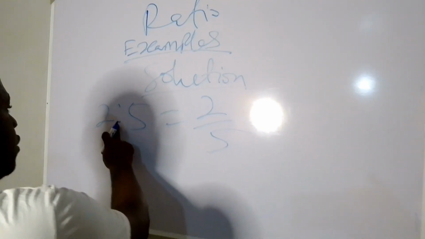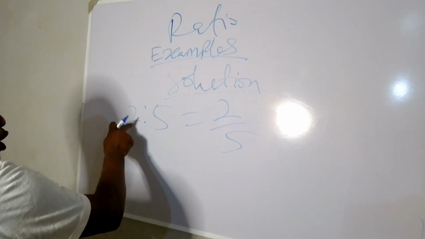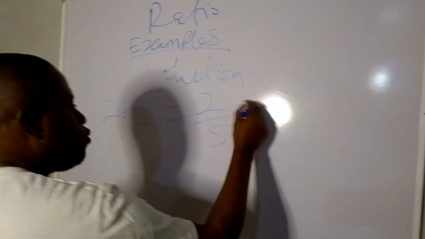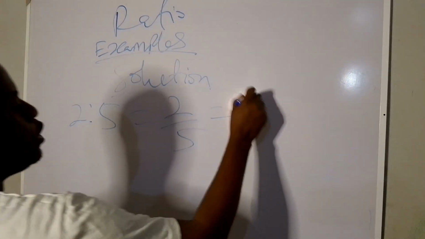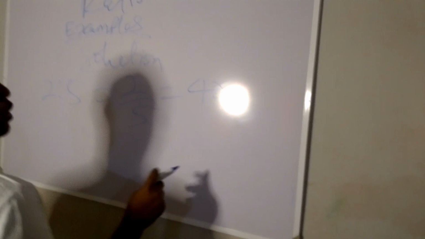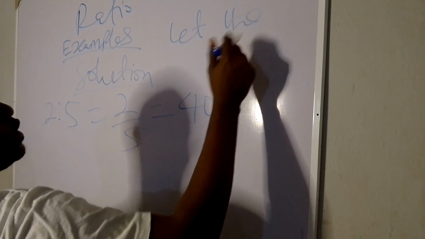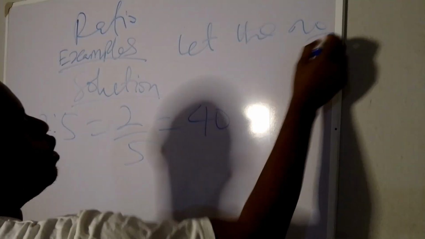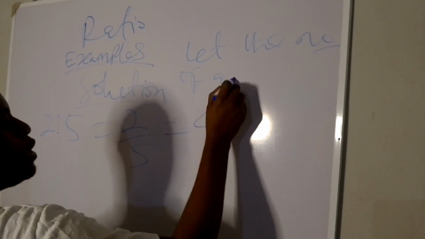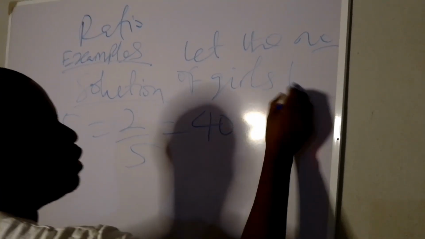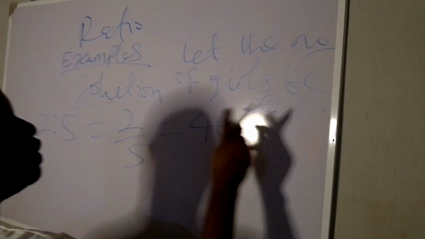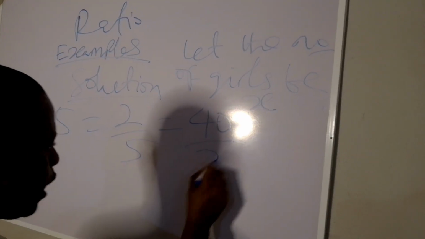This 2 is relative to the 40 boys. And how many girls are there? We don't know the number of girls. Let the number of girls be X. Then put your X here.